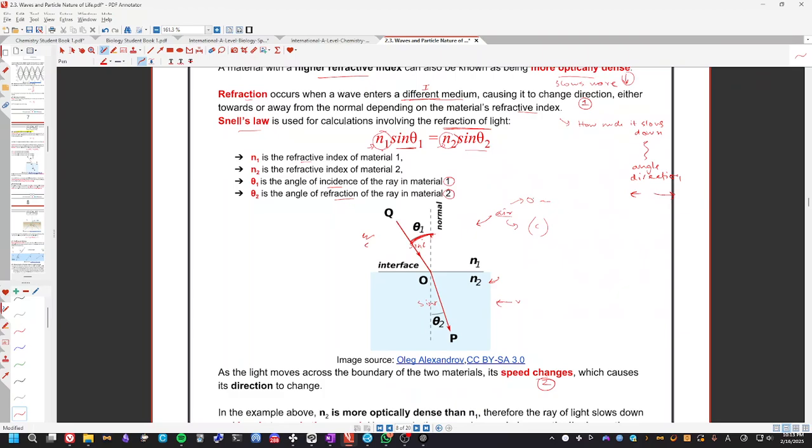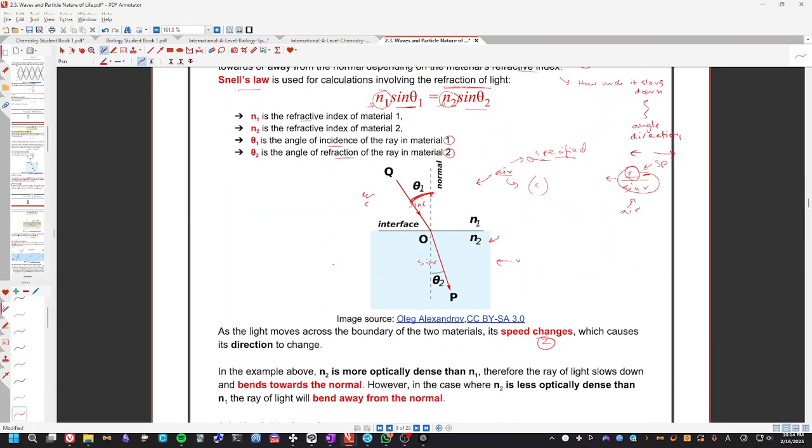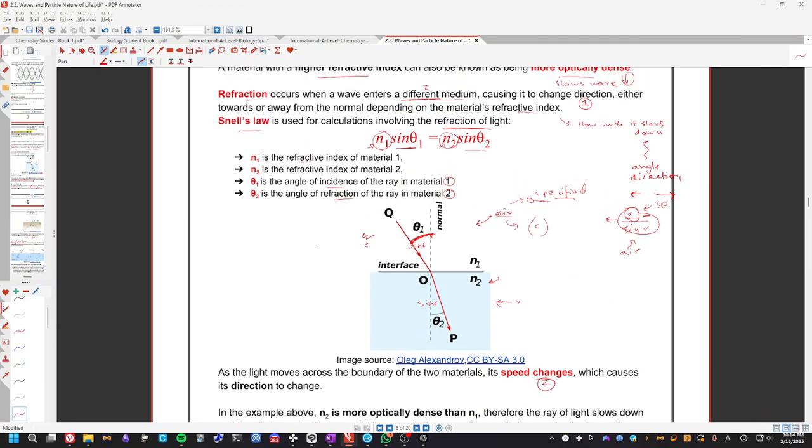I don't remember, but it's a specified value, so you don't need to really worry about this. I'm pretty sure it's like 1 over sine r is your refractive index, and that's only for air when your first medium is air, because air is already a specified value, so you don't need to really worry about that. So that's going to be your angle.